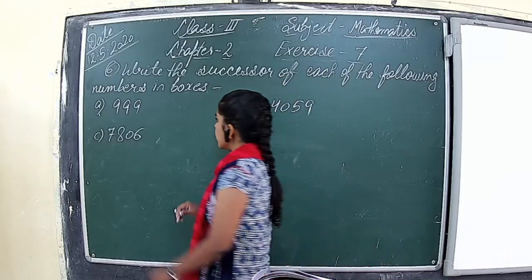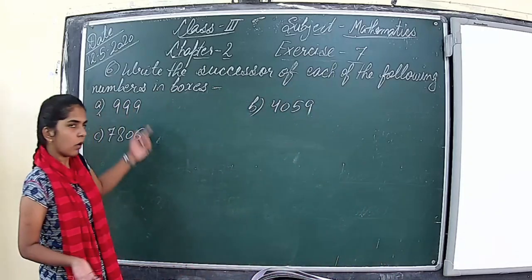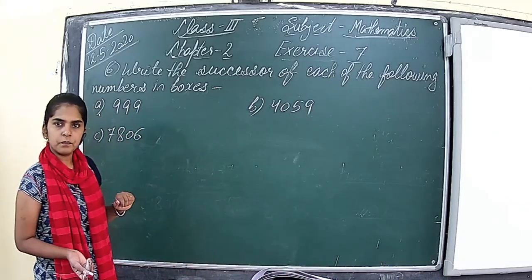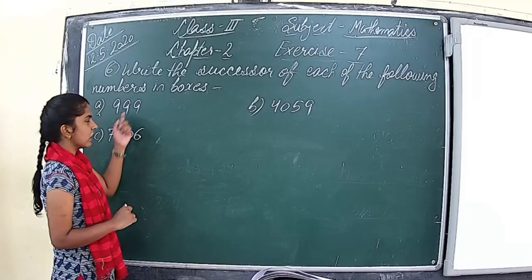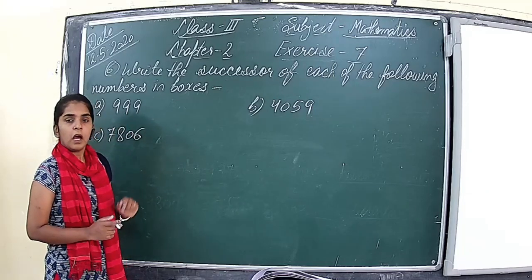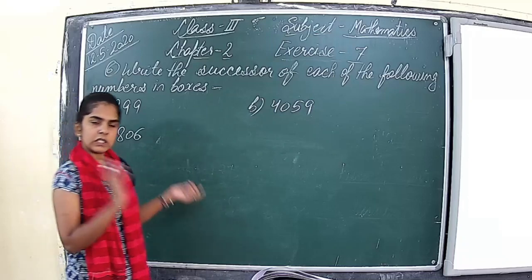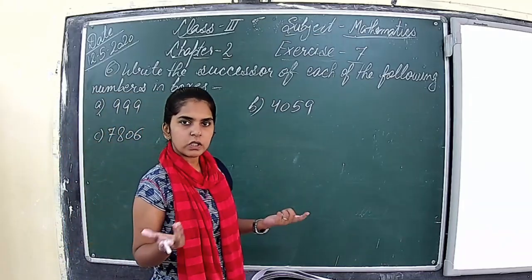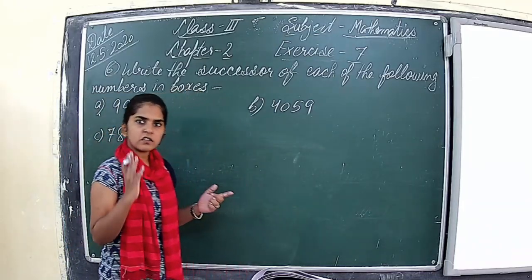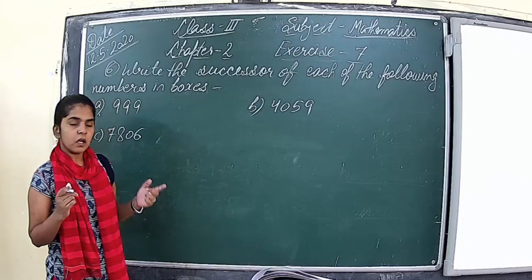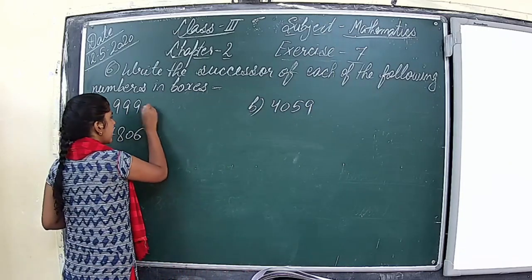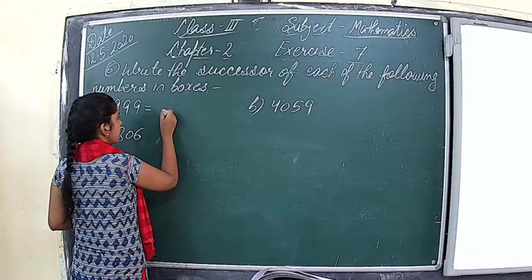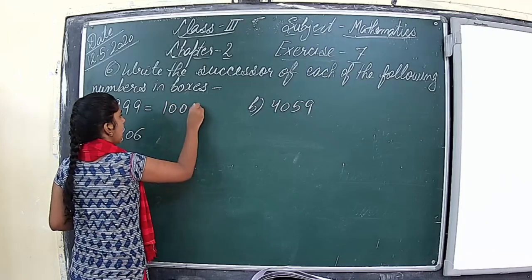So, can you tell me what is the next number of 999? As you can see, this is the greatest 3-digit number, and when we add 1 in greatest 3-digit number, we get the smallest 4-digit number, right? Or we can say its successor is 1000.